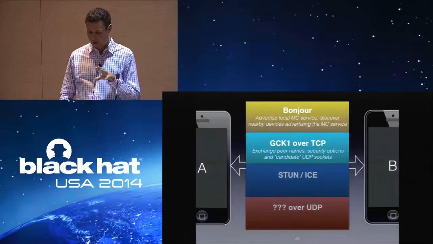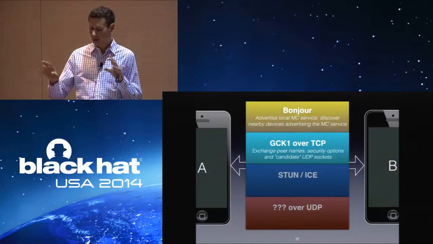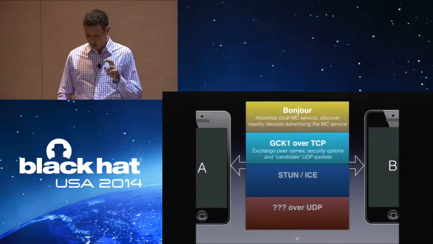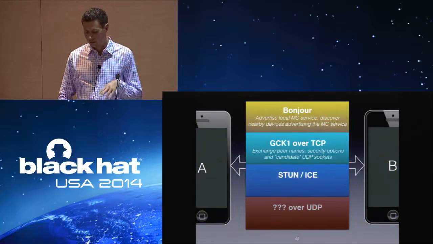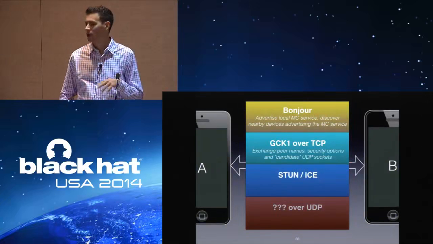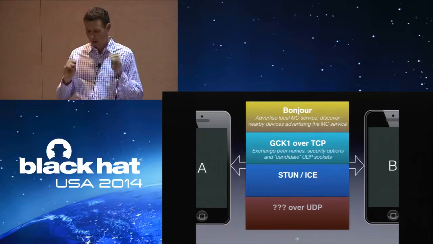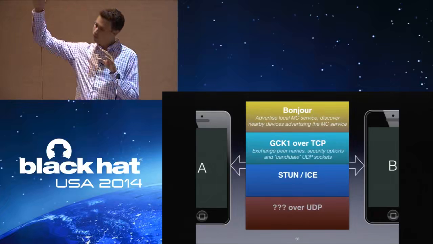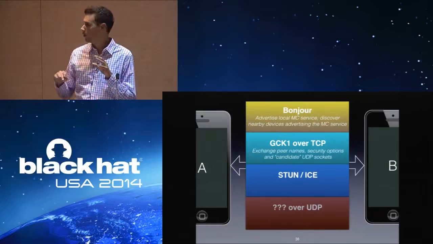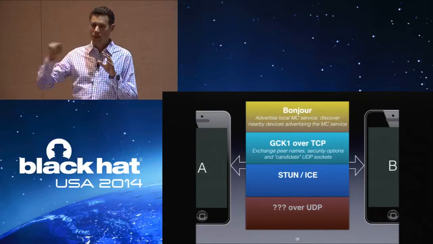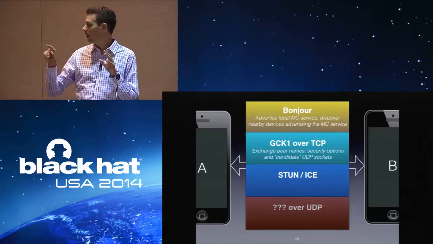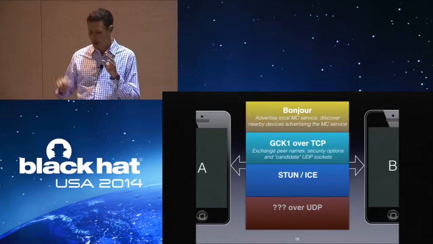And the reason why it's doing this is that it's exchanging candidate UDP sockets. And so the next protocol is called ICE, for Interactive Connectivity Establishment. That's a well-known protocol. What it does is, from a list of candidate IP addresses and port numbers, it's going to do connectivity checks to try to find the best network path to the other guy.